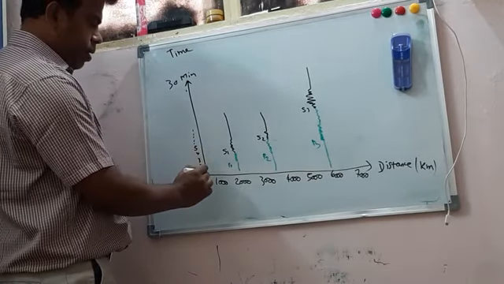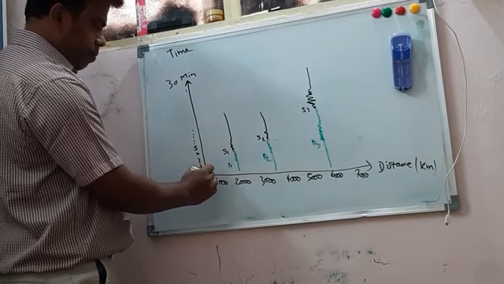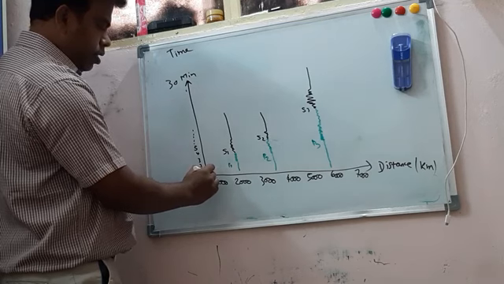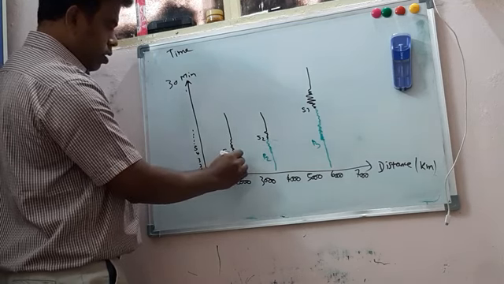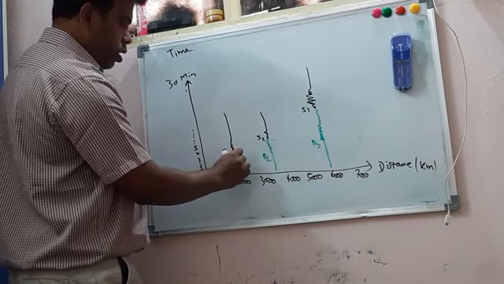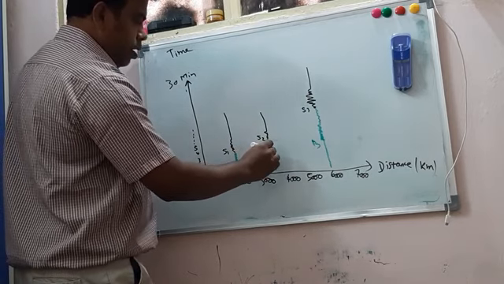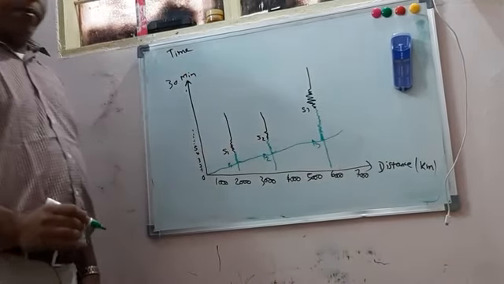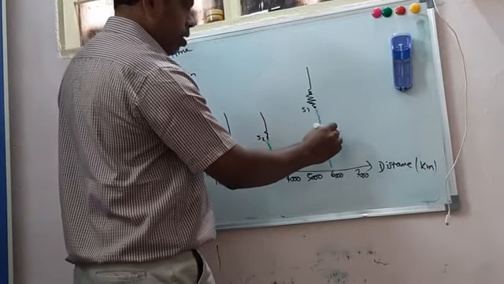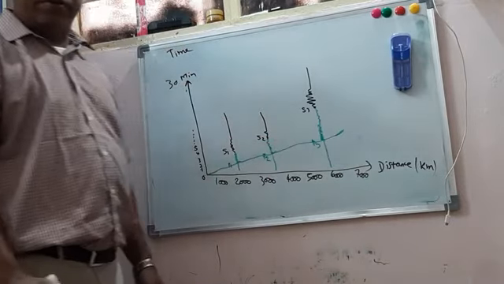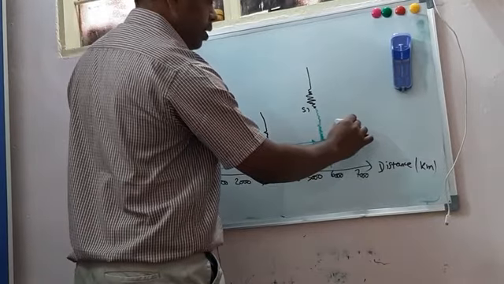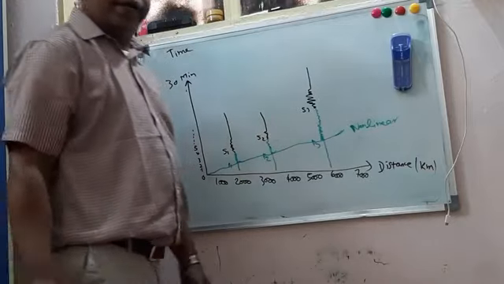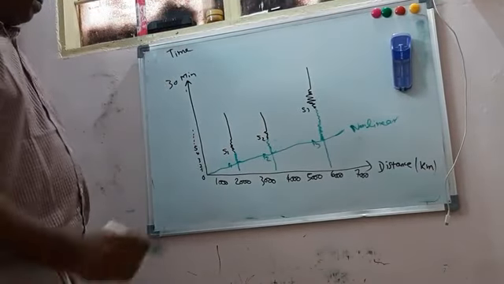Now I am going to make a line. It starts from the origin, P wave 1, and you will get a parabolic or non-linear curve. It's a non-linear curve you will get.